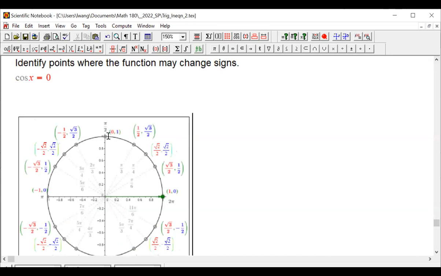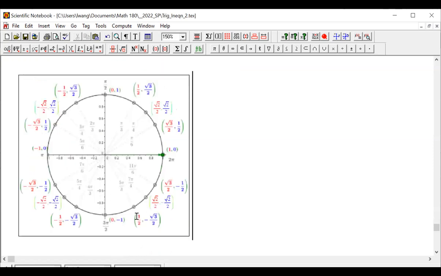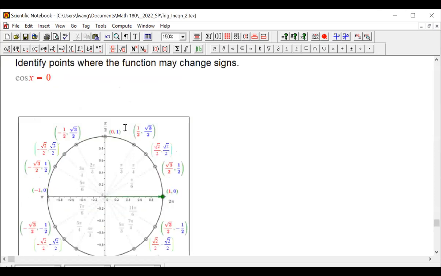Between at pi over 2, right? You see the red number, when the angle is less than pi over 2, it's positive, negative, and at 3 pi over 2, negative, positive, right? So this is what we mean by changing sign.